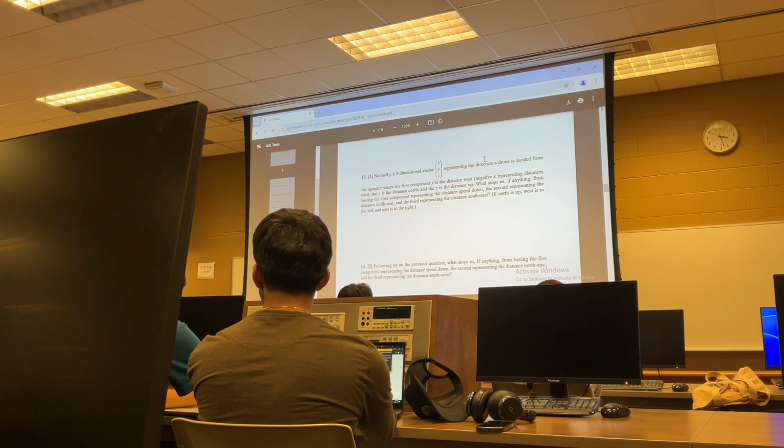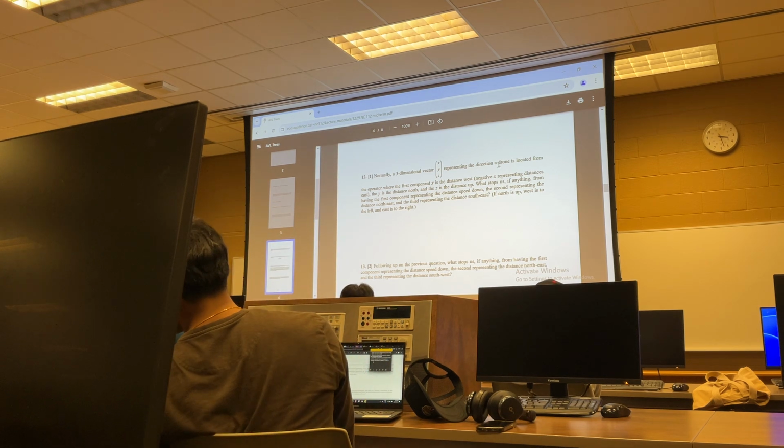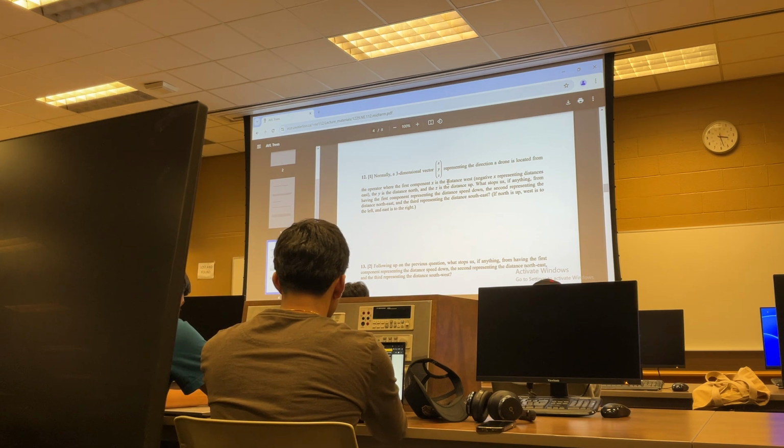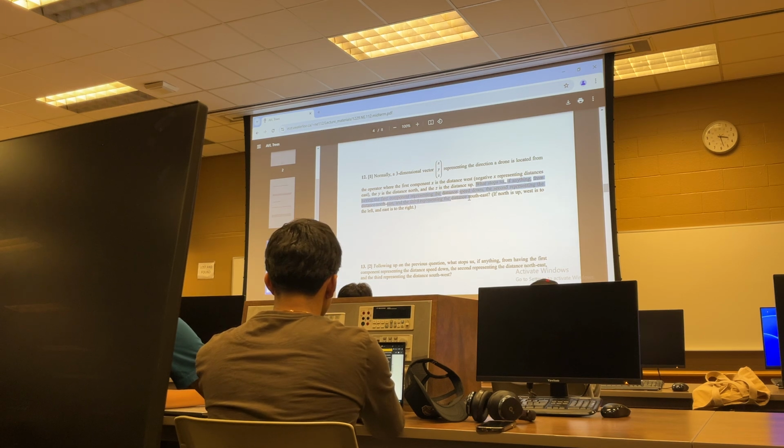So you have a 3D vector that is representing the direction of a drone. Yeah, x is west. Y is north, and z is up. Those are what the axes mean. And obviously, all the axes are orthogonal. And what it's asking is this.